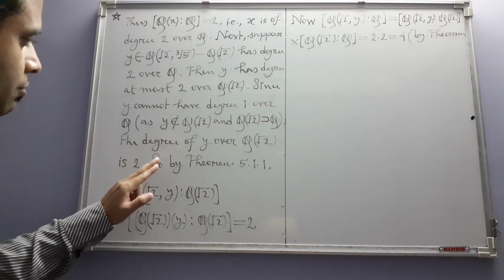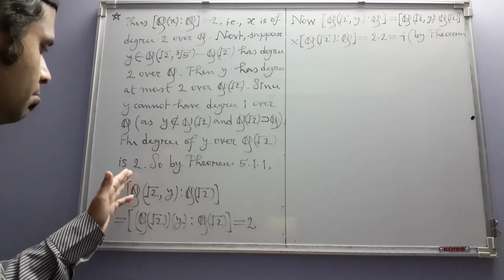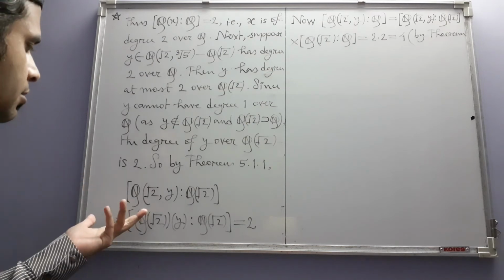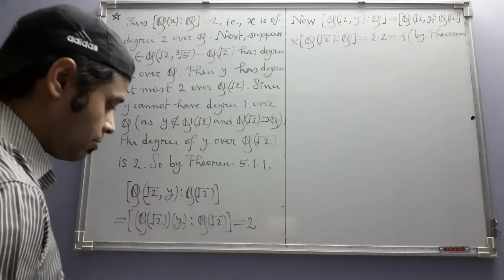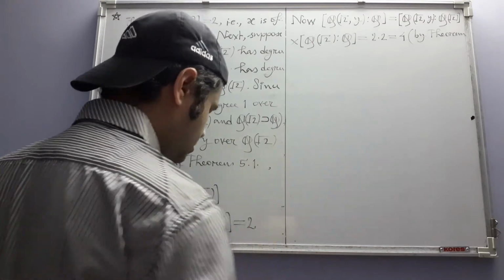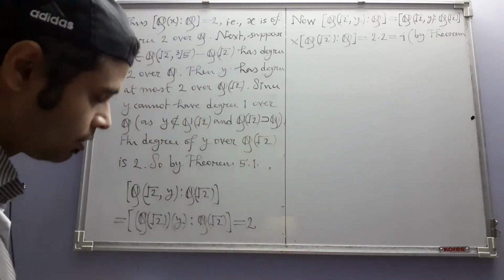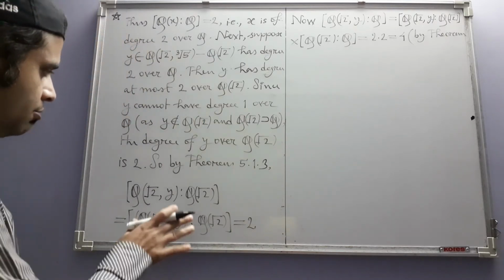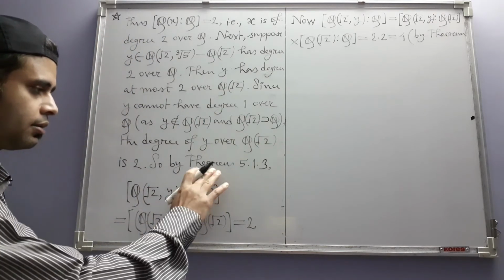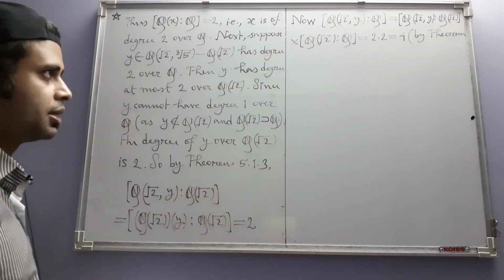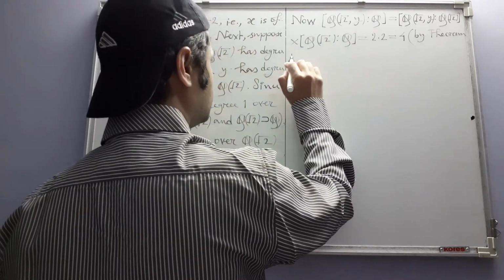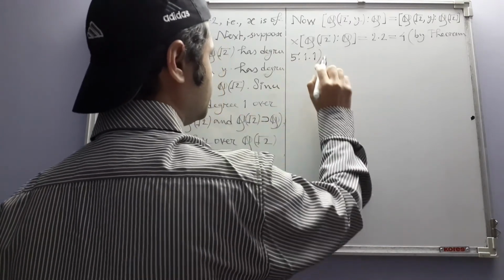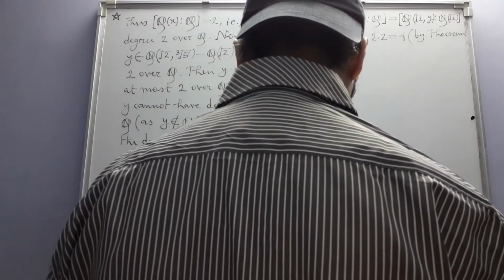The degree of y over Q root 2 being 2, and this is not theorem 511. I think it is either theorem 512 or theorem 513. You please verify, okay? You understand what we are doing here. You just put the correct number here. Anyway, so by theorem, this one is of course an application of theorem 511. So this degree is 4.